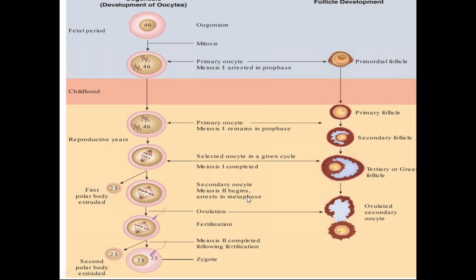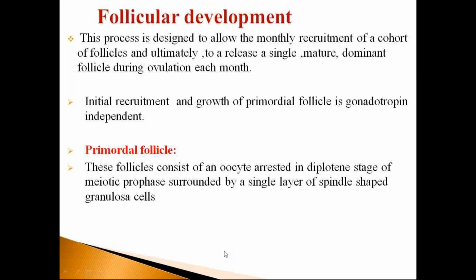The secondary oocyte begins meiosis 2 and arrests at metaphase. The secondary follicle, when selected as the dominant follicle, completes meiosis 1 and enters meiosis 2 and gets arrested at metaphase. This meiosis 2 is completed after fertilization.